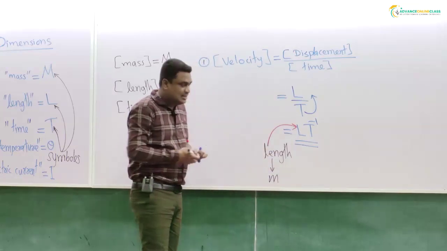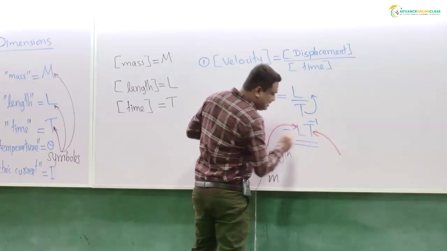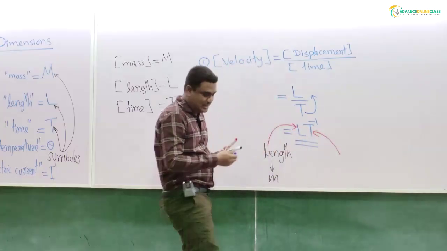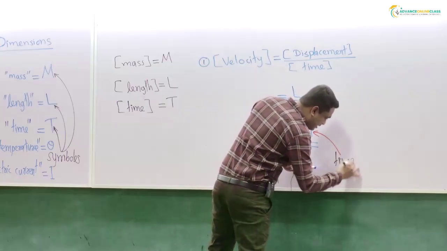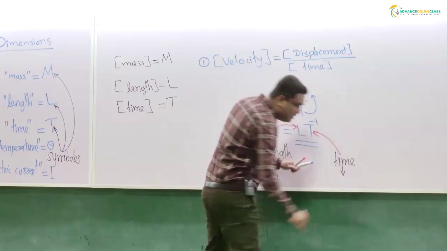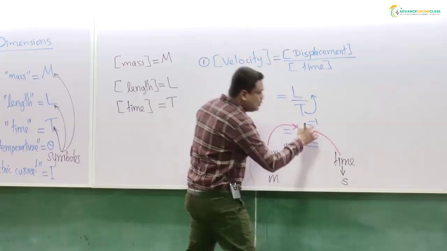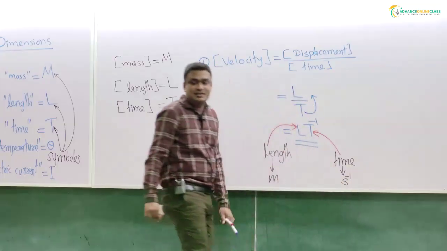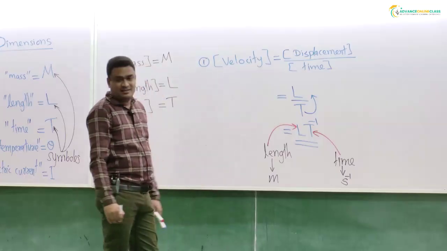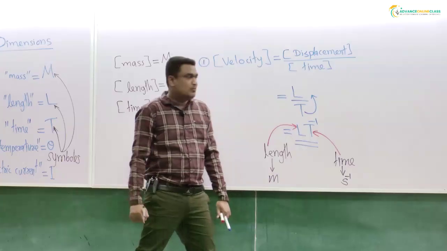Am I right? What is T? It is the dimension of time. What is the SI unit of time? Seconds. T to the power minus 1, therefore s to the power minus 1.